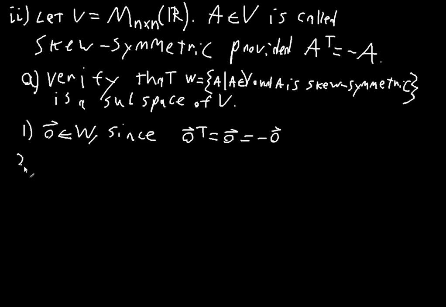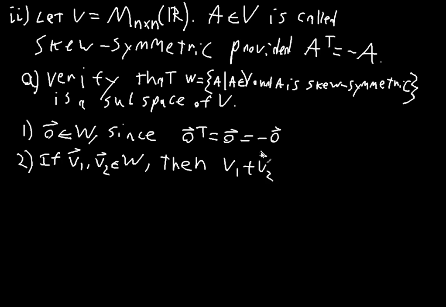So now what we want to do is verify addition. So now we can say if a vector v1 and a vector v2 are inside of our vector space W, then we want to verify that v1 plus v2 is also inside of W. And the way we do that is just by applying the transpose and hoping we get a minus out.